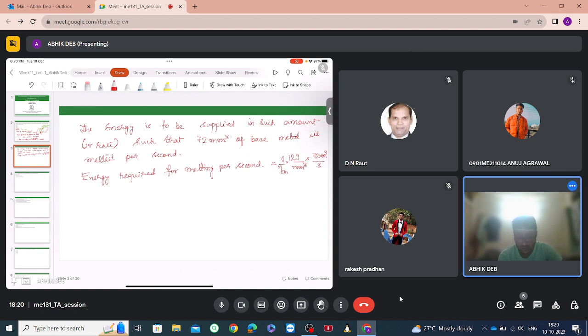A fraction, an amount more than the 12 joule will be required for melting per mm cube.